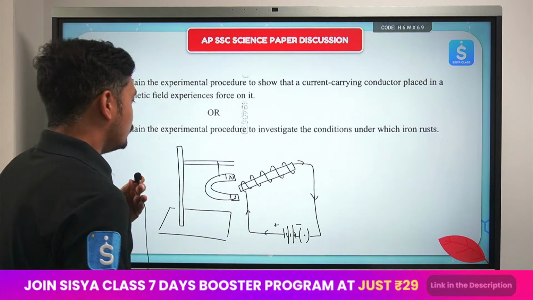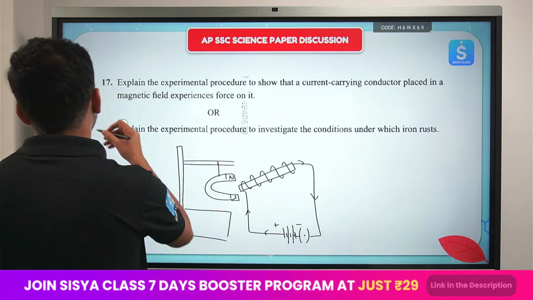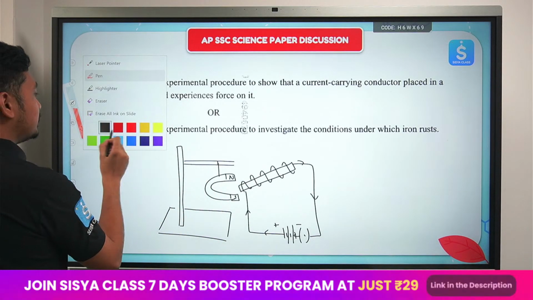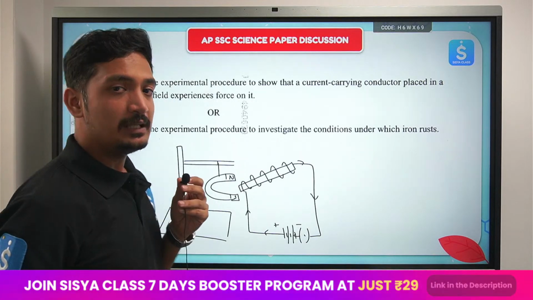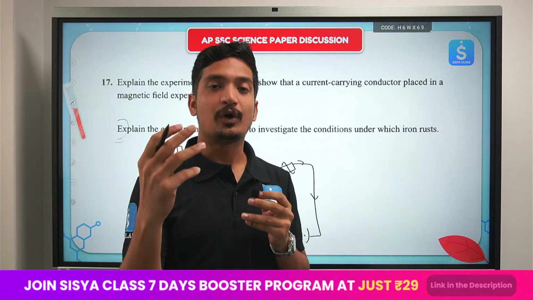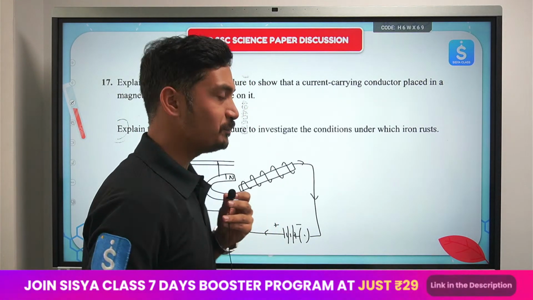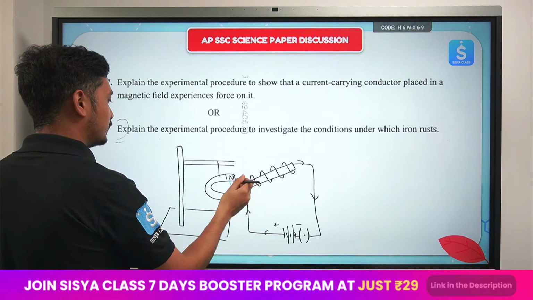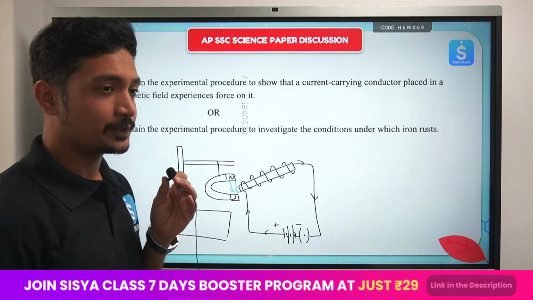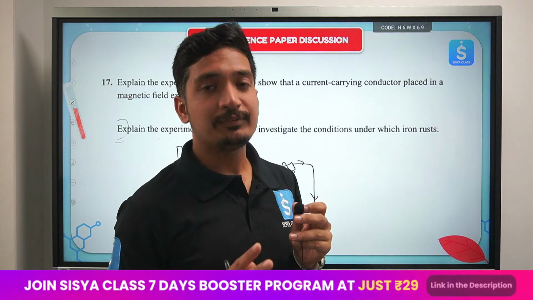Now moving ahead, we'll also need to know in which direction the magnetic field is moving. If you remember the properties of a magnetic field, it will always move from the north pole to the south pole. This is the direction of the magnetic field. So now we have two different directions.